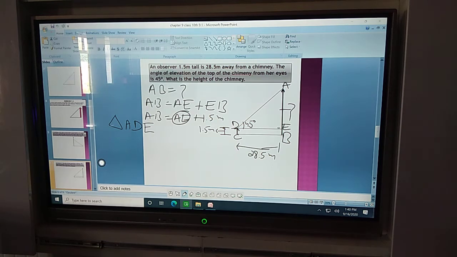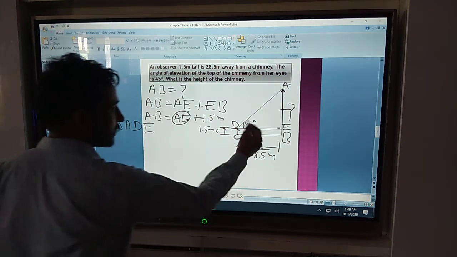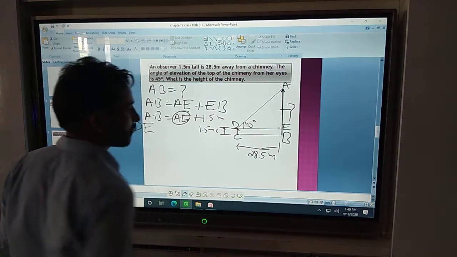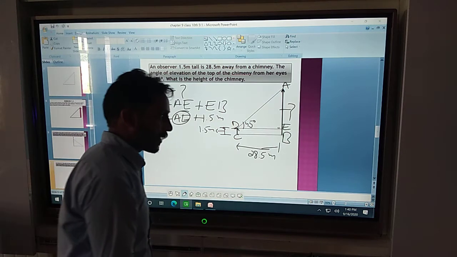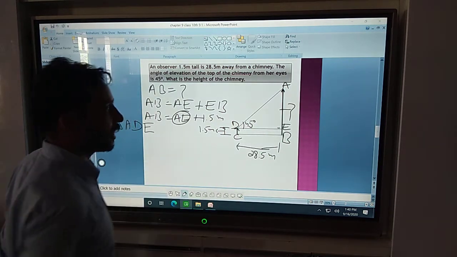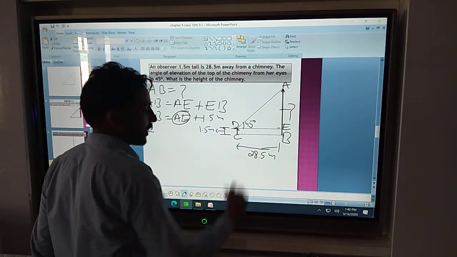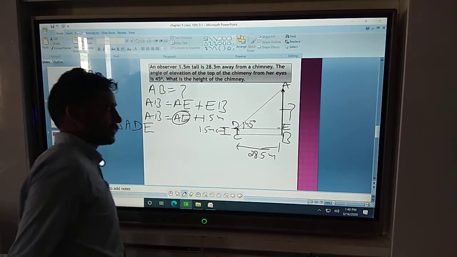Now we know in a right angle triangle, this is the theta, so this is the perpendicular and this is the base. We have to find the perpendicular. The base is given already, because the distance between the foot of the observer and the chimney is given, 28.5 meter.